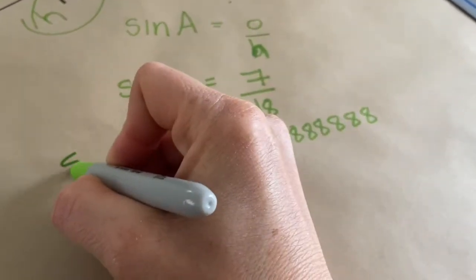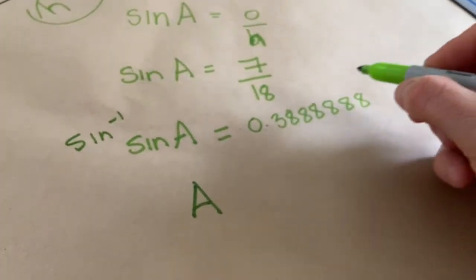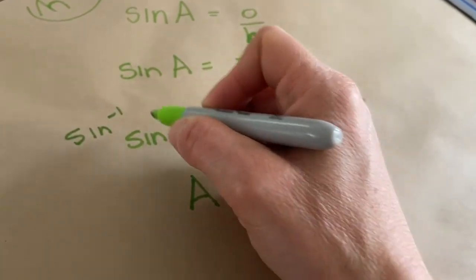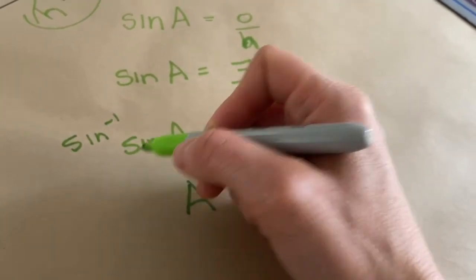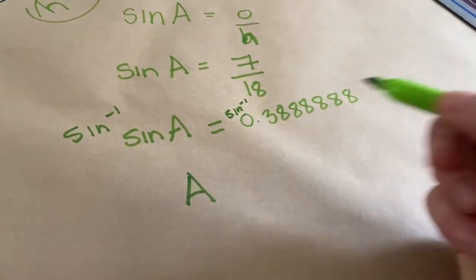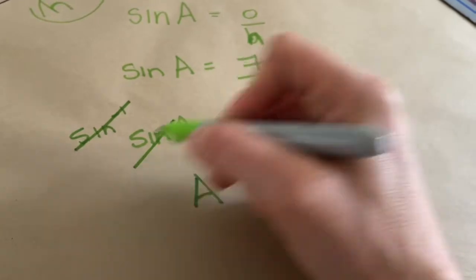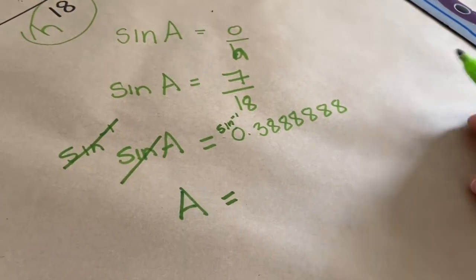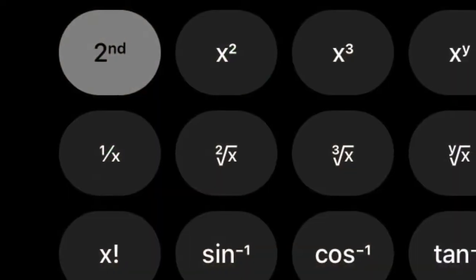So I'm going to press sine inverse, because if I do the inverse of sine with sine, those two cancel each other out. But since it's an equation, I need to do sine inverse on the other side as well. These two cancel. I'm left with A is equal to, and then you need your calculator to find this answer over here.